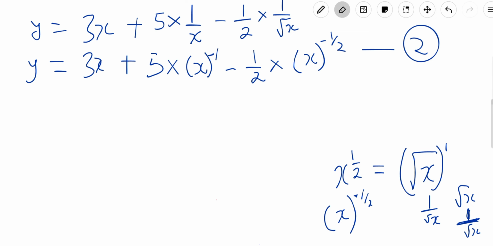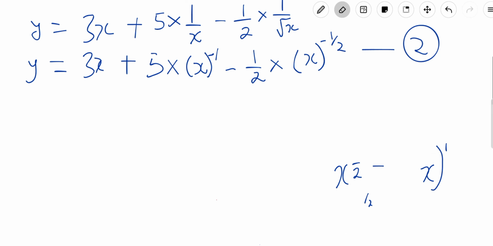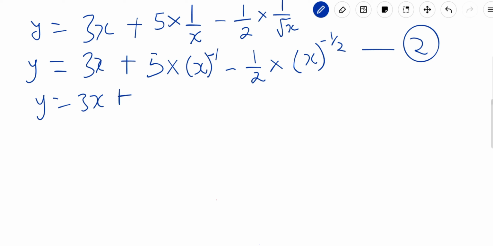we can then proceed from equation 2 by saying that y is going to be equal to 3x plus 5x to the power of negative 1 minus 1 over 2 x to the power of negative 1 over 2. Having this now, I can use the addition and subtraction rule of differentiation to differentiate this.